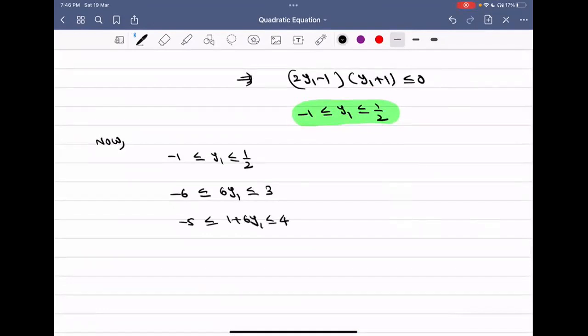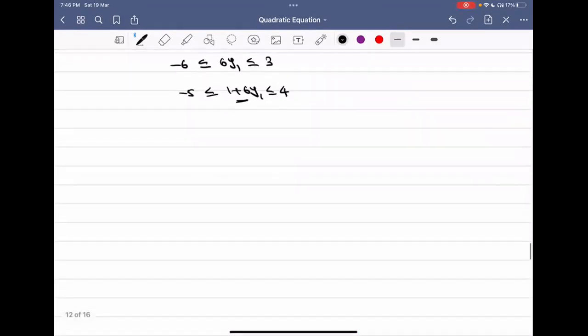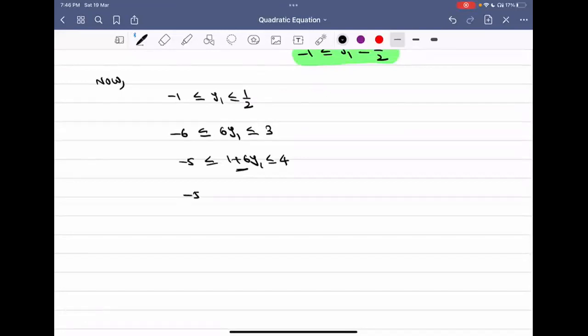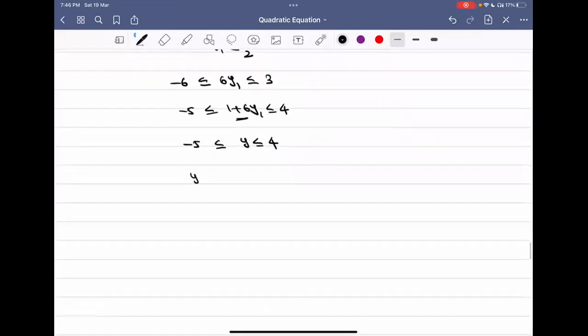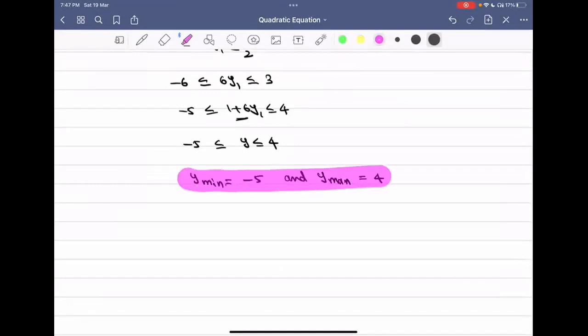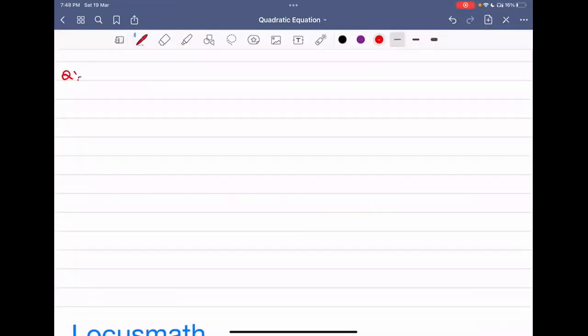So what is this one? This is y. Therefore, minus 5 is less than or equal to y is less than or equal to 4. So y minimum is equal to minus 5, and y maximum is equal to 4, is the answer. The final answer is y minimum is minus 5 and y maximum is 4. So this is our final answer.